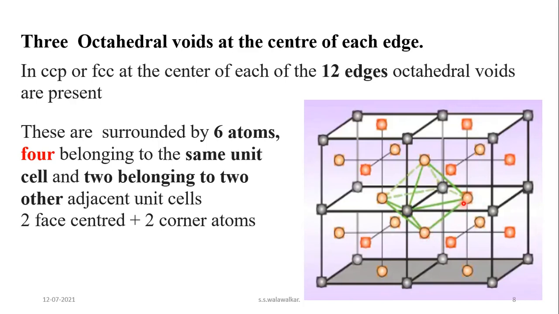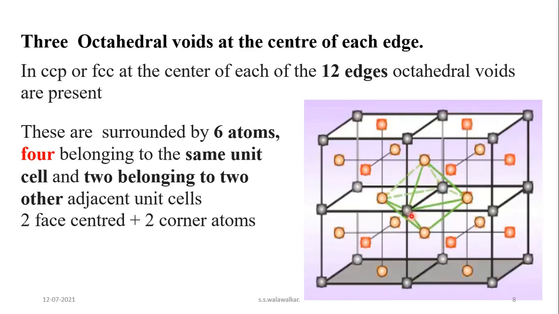So these two face particles and these two corner particles of this unit cell, and these two face center particles from the adjacent unit cell. When all these 6 particles are joined, then a void is formed.